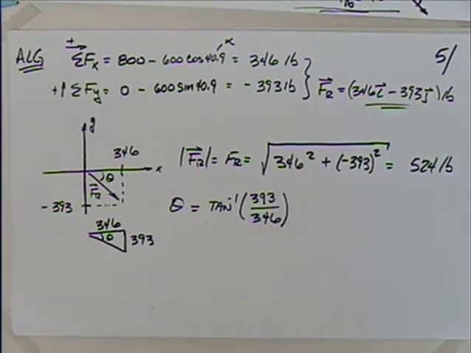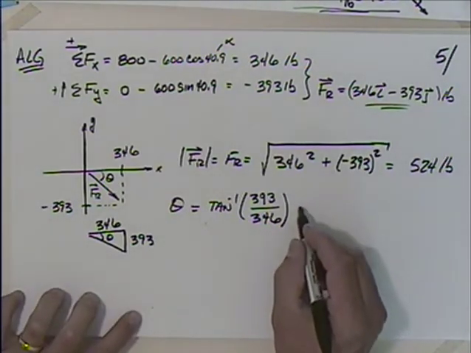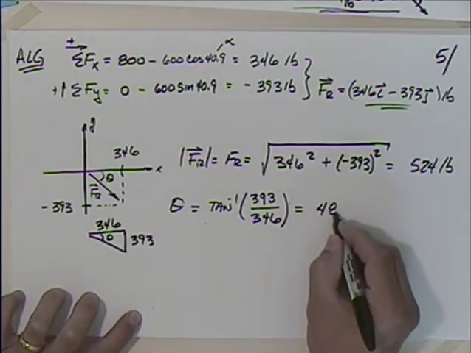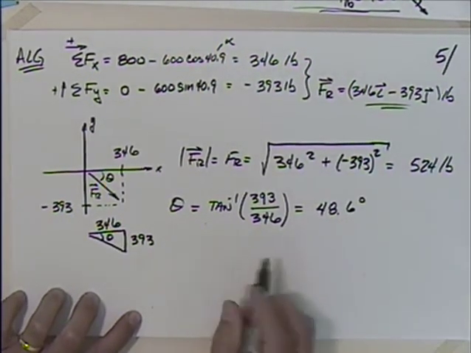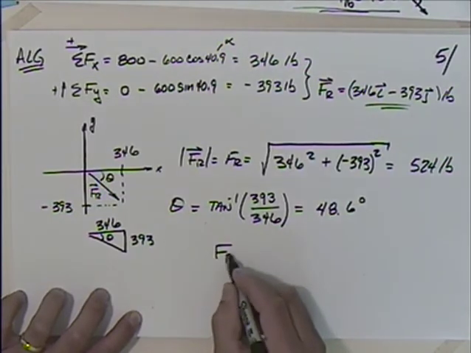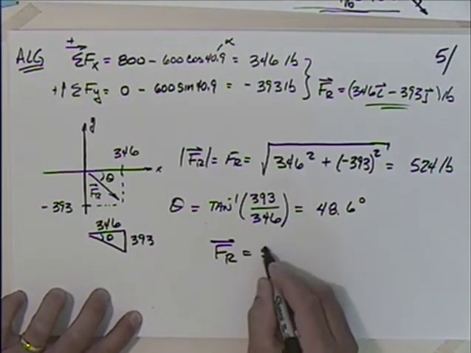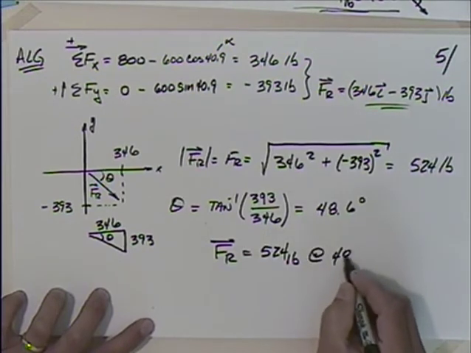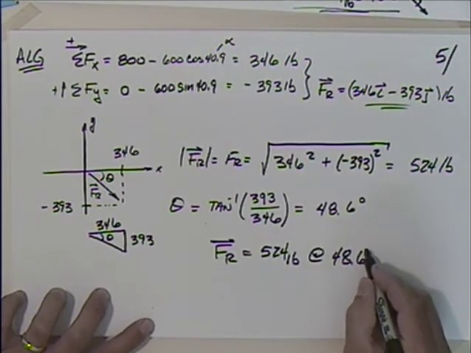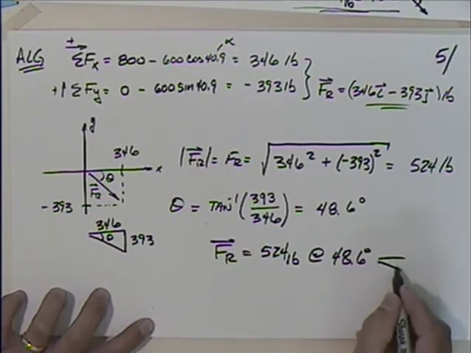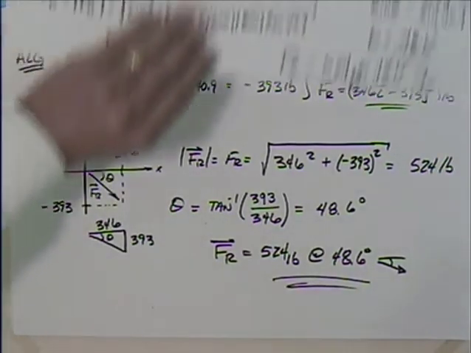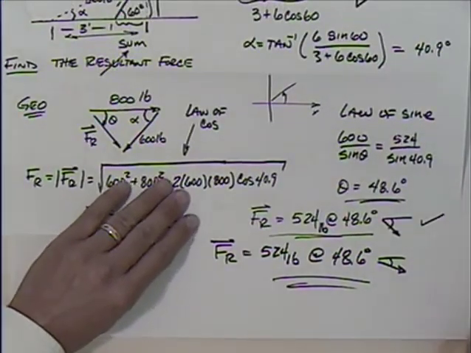I'll just draw the triangle and I don't have to worry about the negative signs. You go through the math on this, and it turns out to be 48.6 degrees. So again, we could write that F sub R is equal to 524 pounds at 48.6 degrees, and again I'd need to include this drawing, and we see that compares favorably with that.